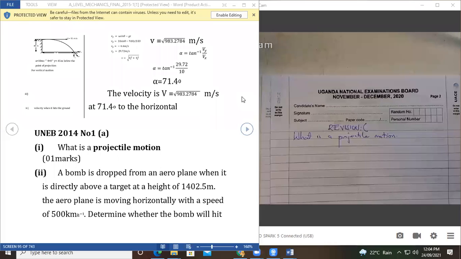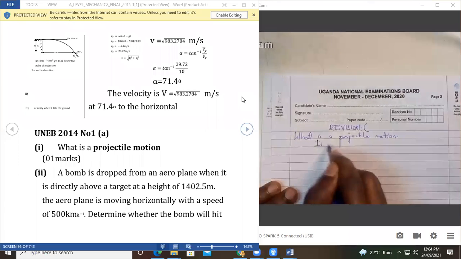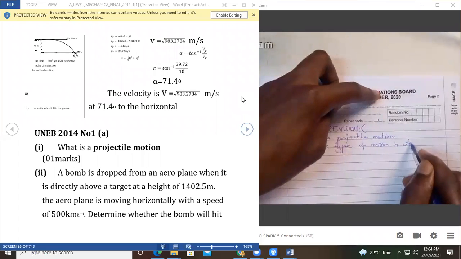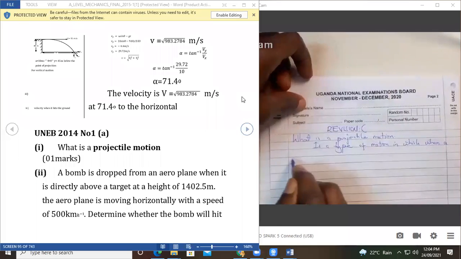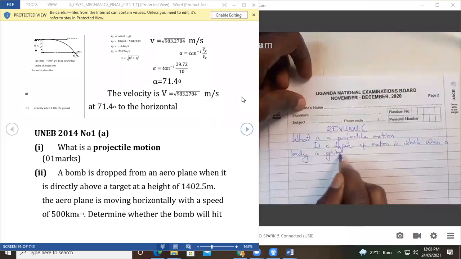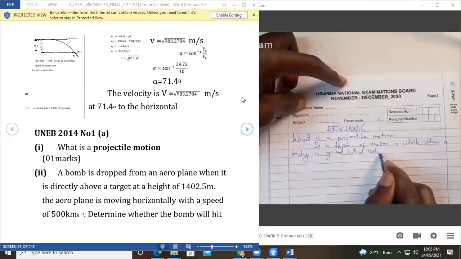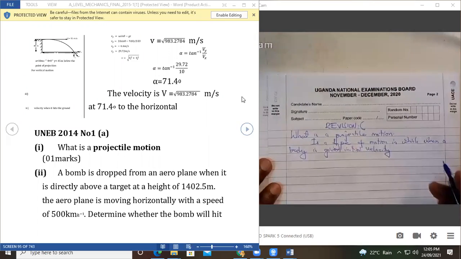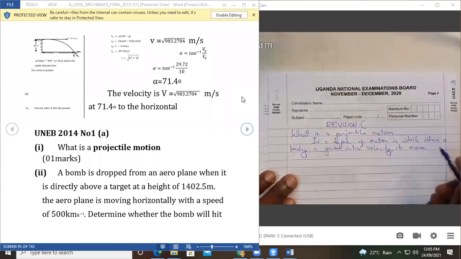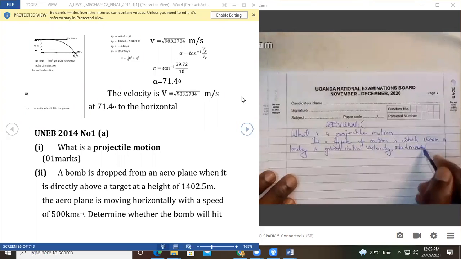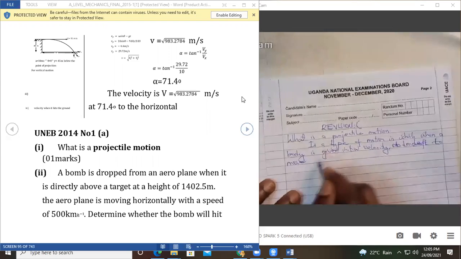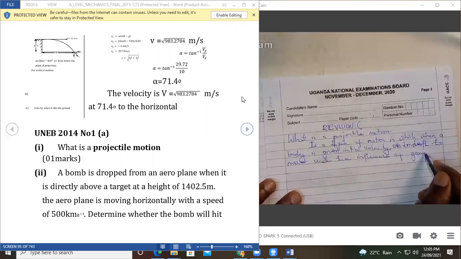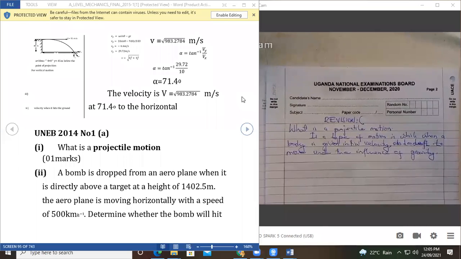So, it is a type of motion in which, when a body is given initial velocity, it is left to move under the influence of gravity. Okay? Now, members, when you look at this question, the question is saying what is.